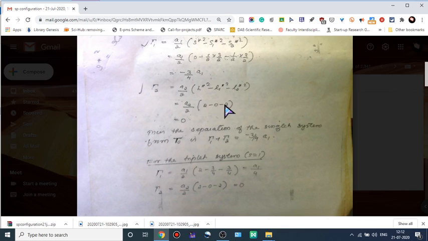Substituting the terms, we get gamma 2 equal to 0. So the total energy, the separation of the singlet system from the hypothetical term, is gamma 1 plus gamma 2, that is minus 3 by 4 A. Similarly, for the triplet system with S equal to 1, gamma 1 is A1 by 4 and gamma 2 is 0.